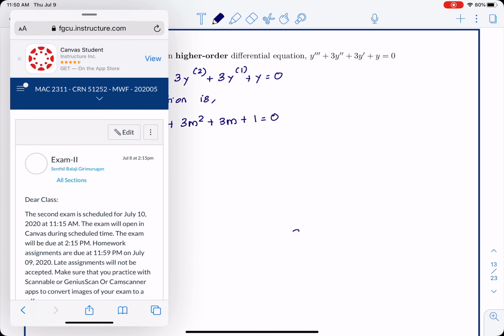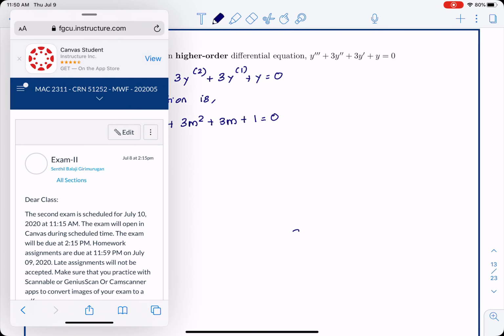So I'm going to make use of a calculator to find the roots. So let's see if it works. Something tells me that it is not going to work. So I'm going to enter the function here.